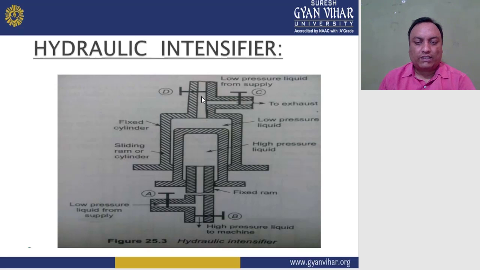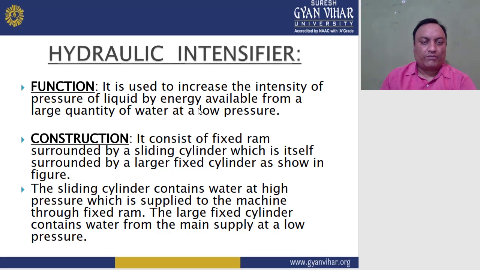So this is the case of the hydraulic intensifier. The sliding cylinder contains water at high pressure, which is supplied to the machine through the fixed ram. The large fixed cylinder contains water from the main supply at a low pressure.